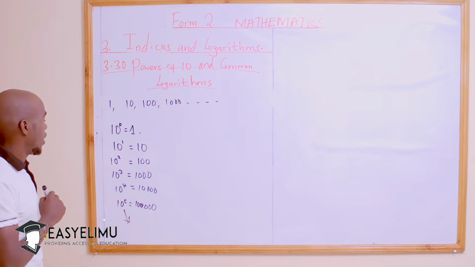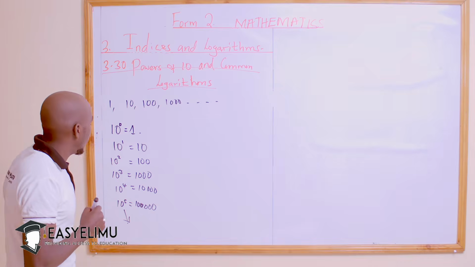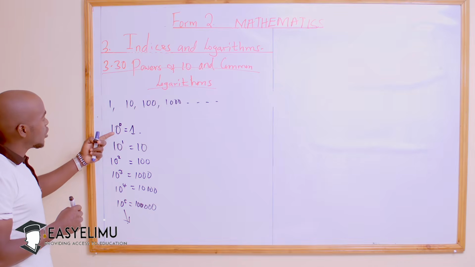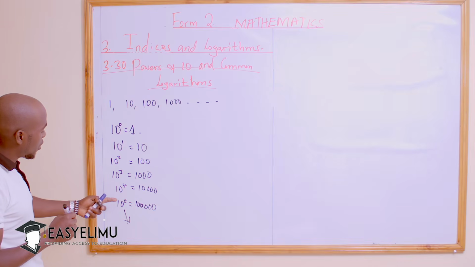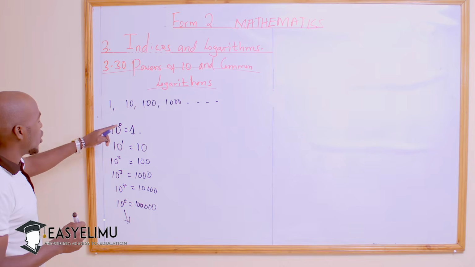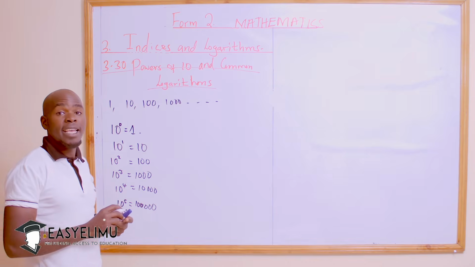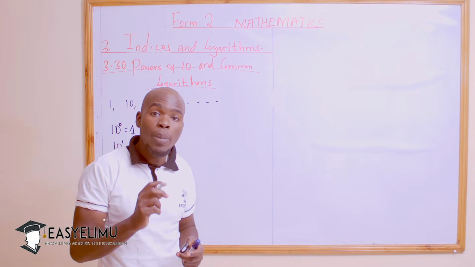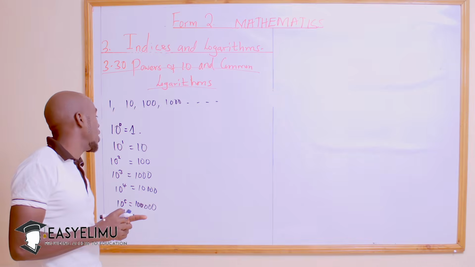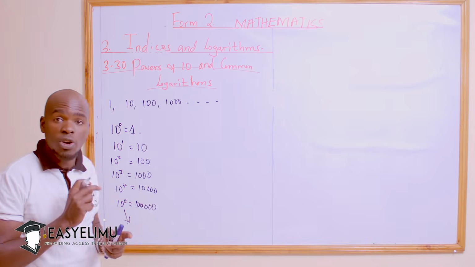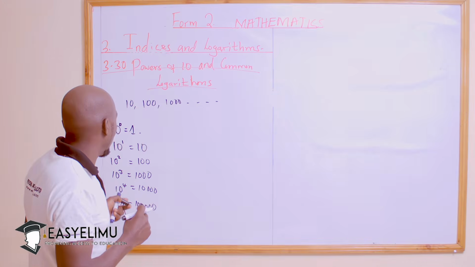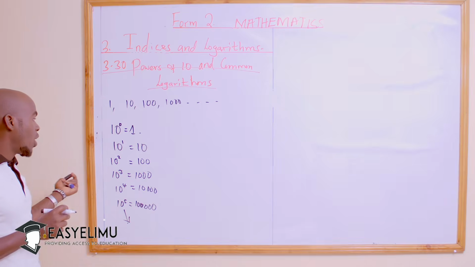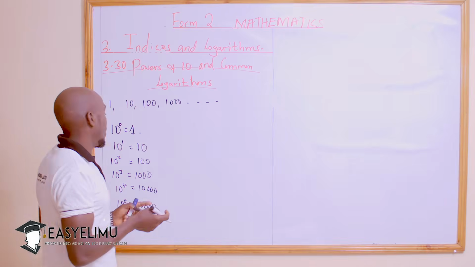That's how it continues. And we shall find that here we have 0, 1, 2, 3, 4, 5. These are the indices or powers to which 10 is raised to find the corresponding numbers, which are 1, 10, or 100, as we can view.